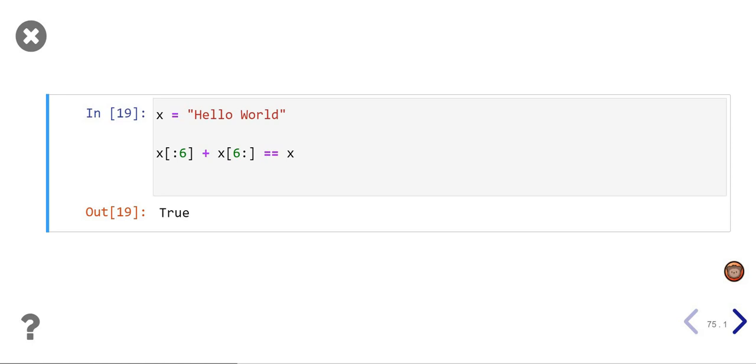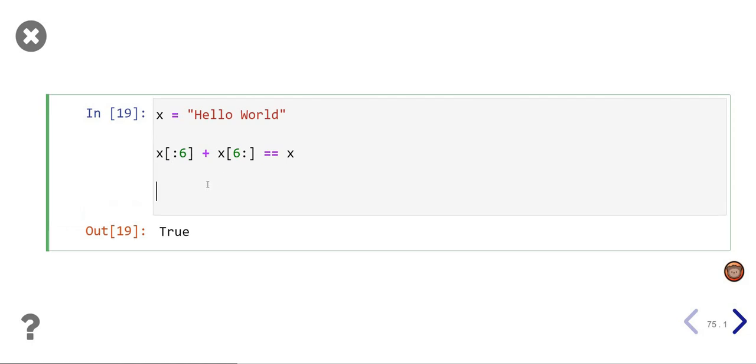The first one is always a starting point, the second one is the ending point. Whenever you have the index, this is always the starting, and this is ending minus 1.